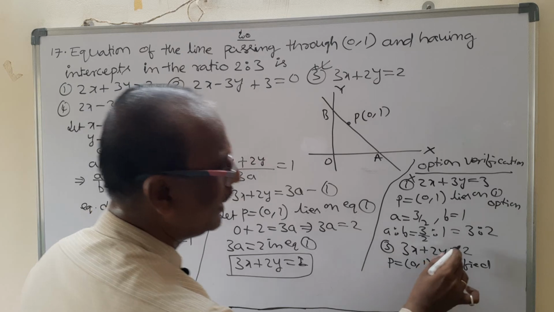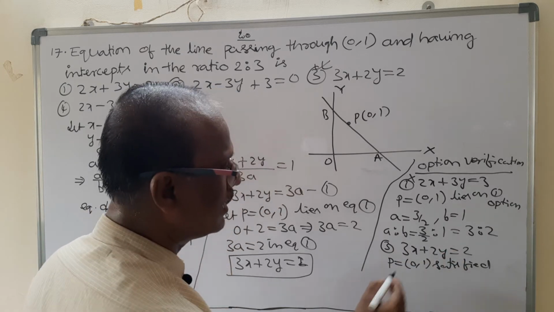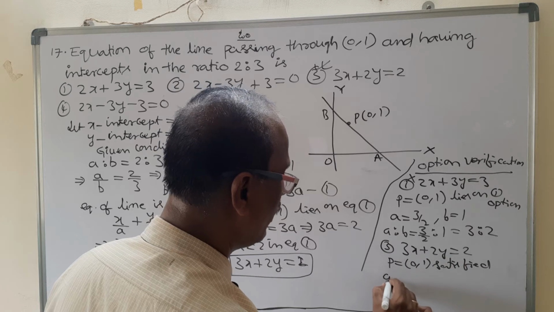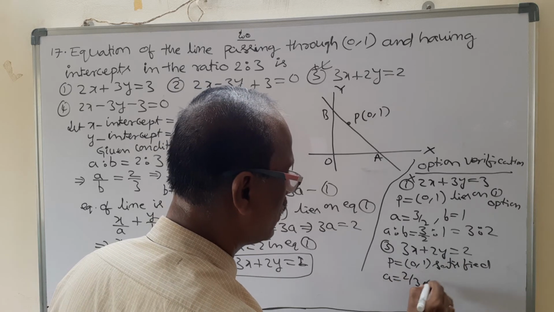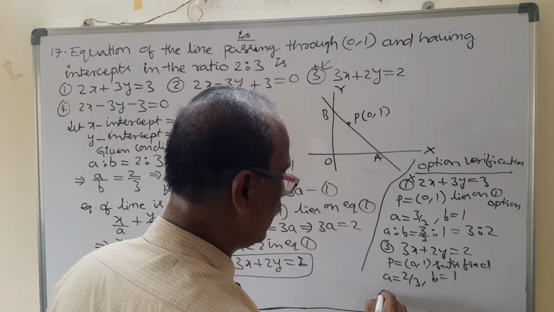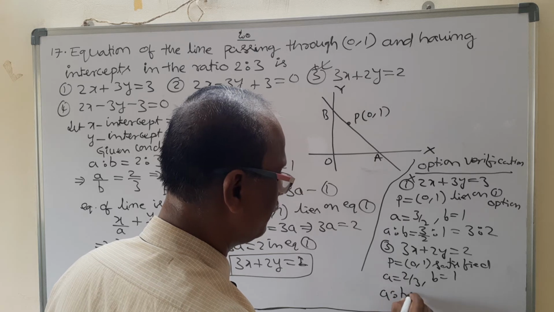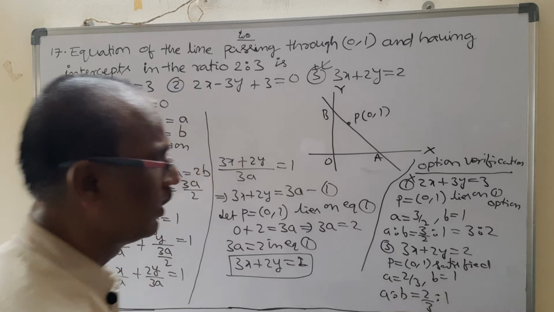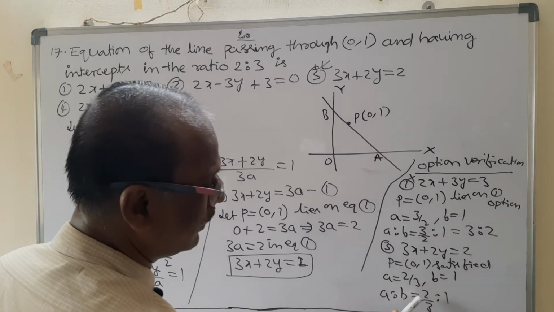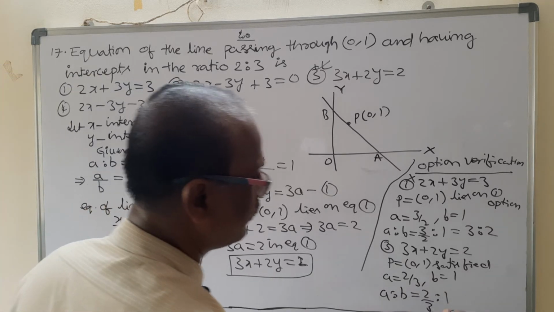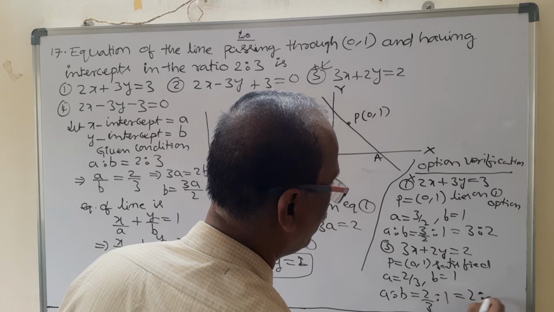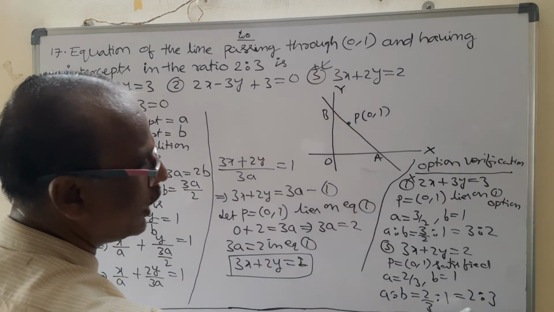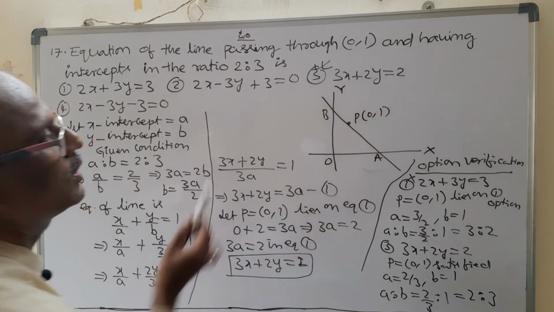Divide by 2, x intercept small a is 2 by 3, small b is 1. a is to b, 2 by 3 is to 1. Multiply both sides by 3, that ratio is 2 is to 3. Third option is satisfied, point and also ratio is 2 is to 3. Third option is correct.